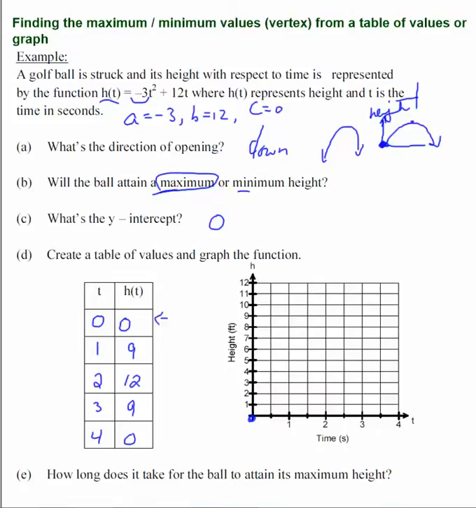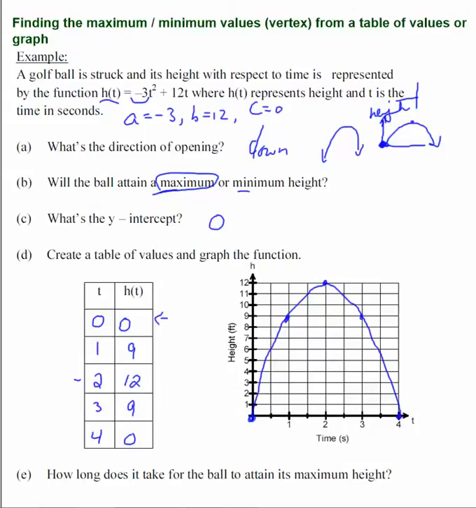Time of 1, height of 9. Time of 2, height of 12. Time of 3, back down to 9. And at 4 seconds, back down to 0 feet. So the ball is going up, seems to be reaching a maximum height there, and then travels back down.